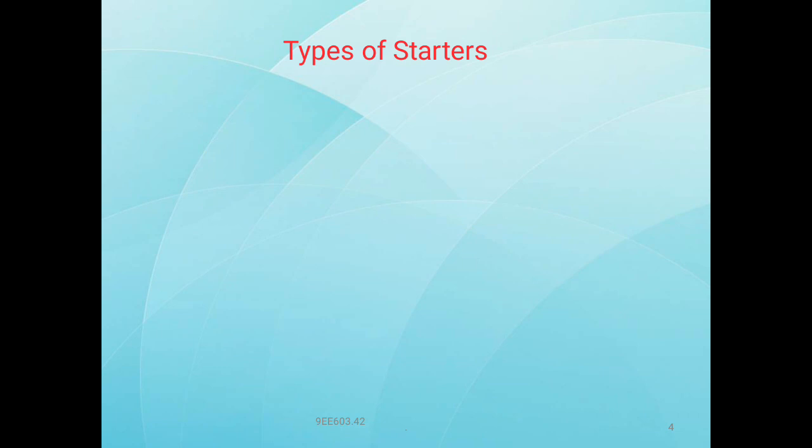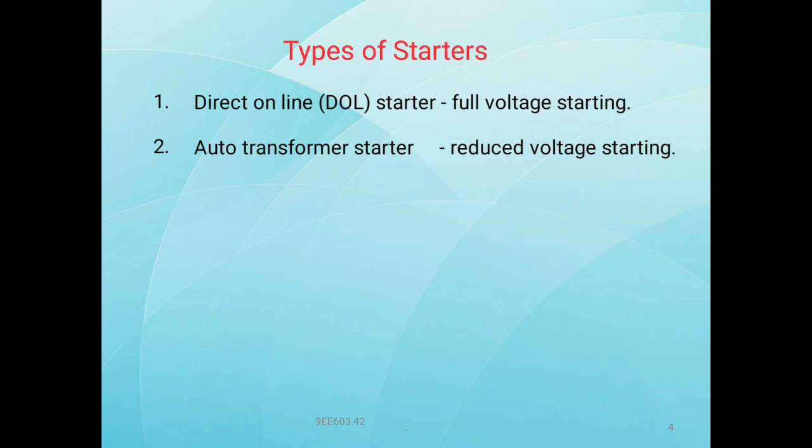Here, types of starters. DOL starter, it is full voltage starting. Auto transformer starter, it is reduced voltage starting. Star delta starter, it is at the starting reduced voltage starting.